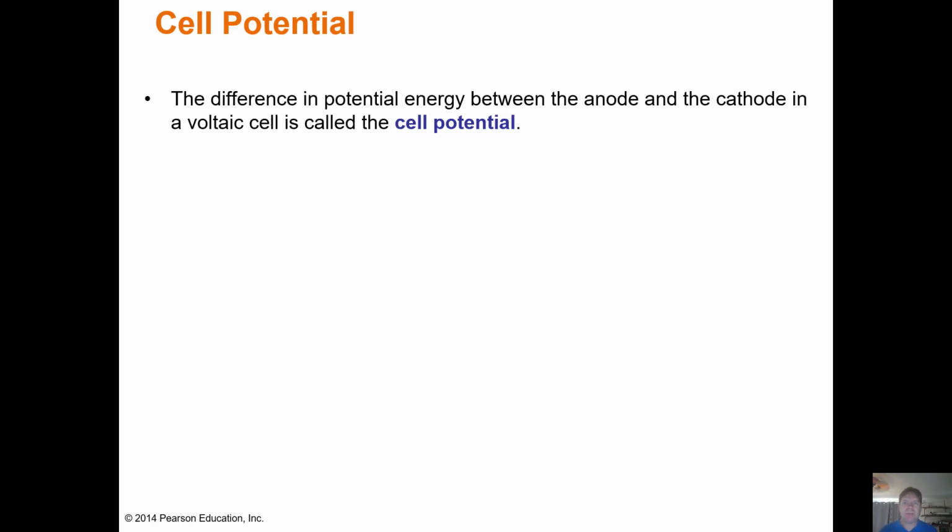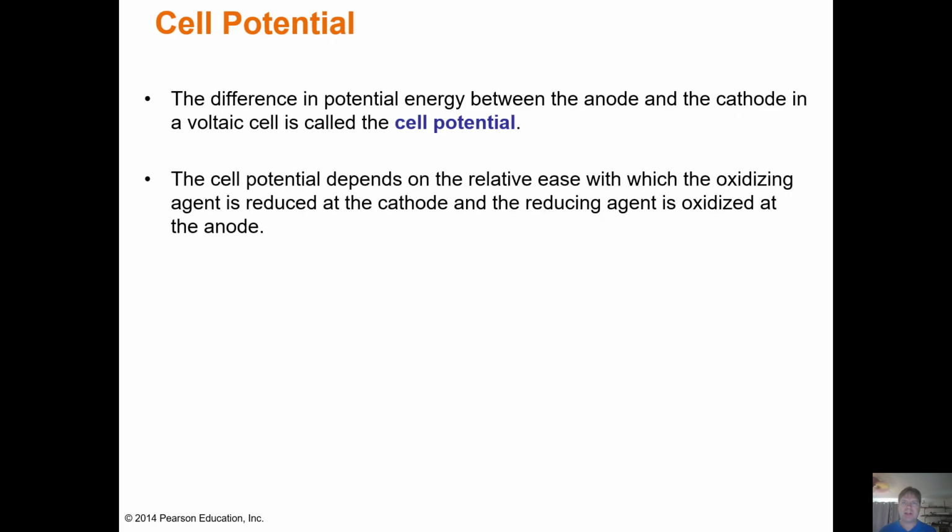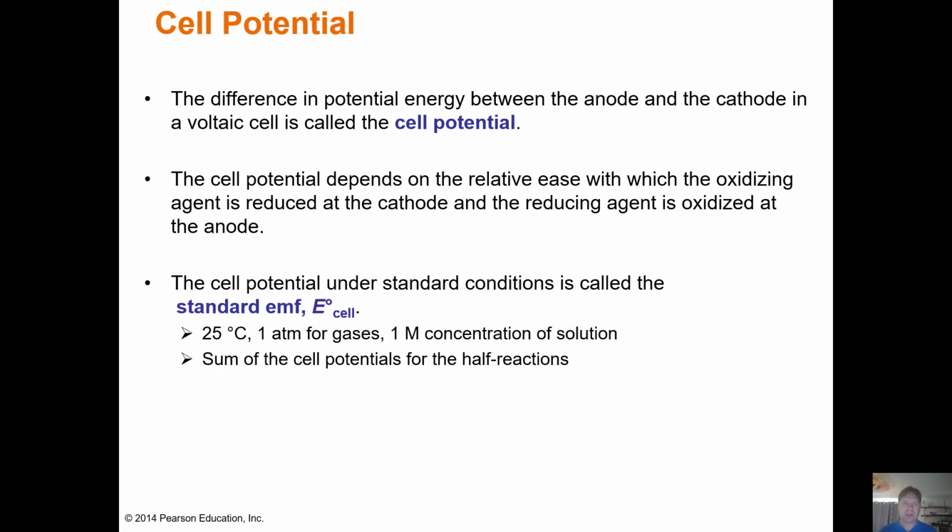And then cell potential, again, is this particular difference between the anode and cathode, and that is a type of voltage. This will depend on how easy it is for one thing to be oxidized, how easy it is for the other thing to be reduced. And we'll look at how we can determine that shortly.